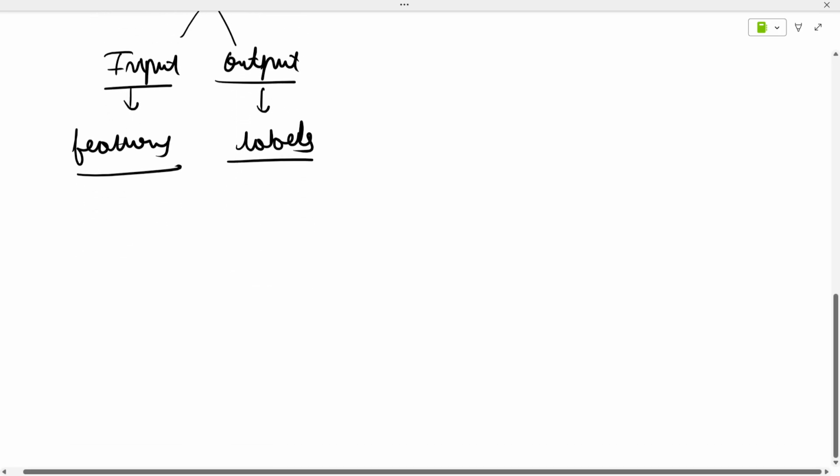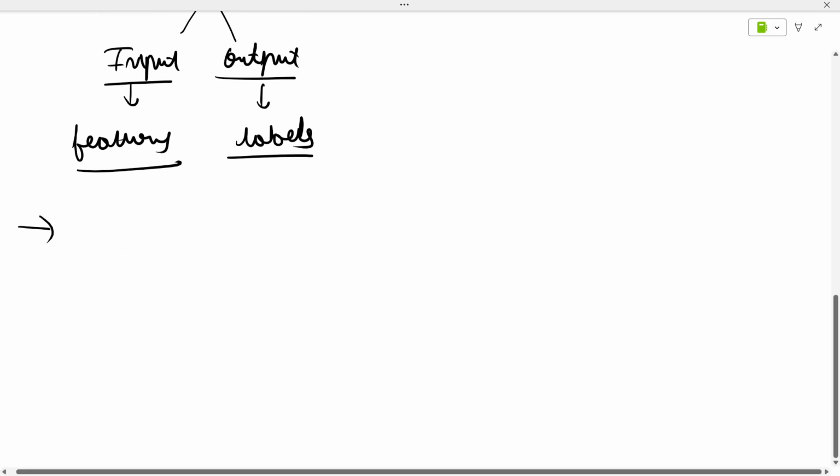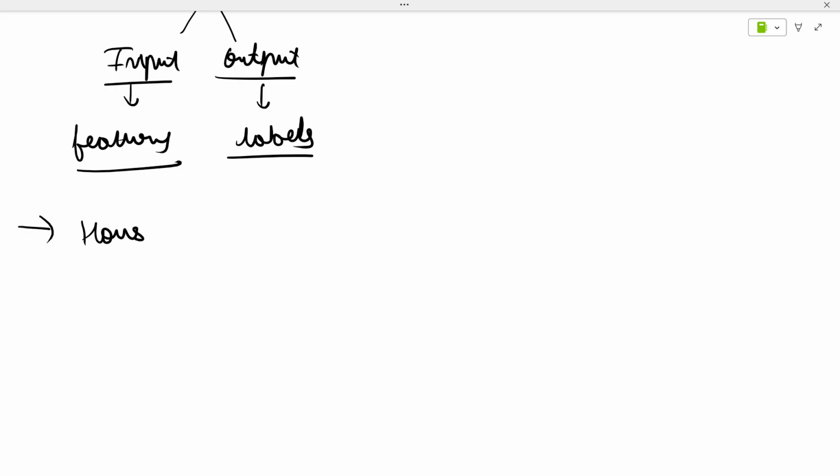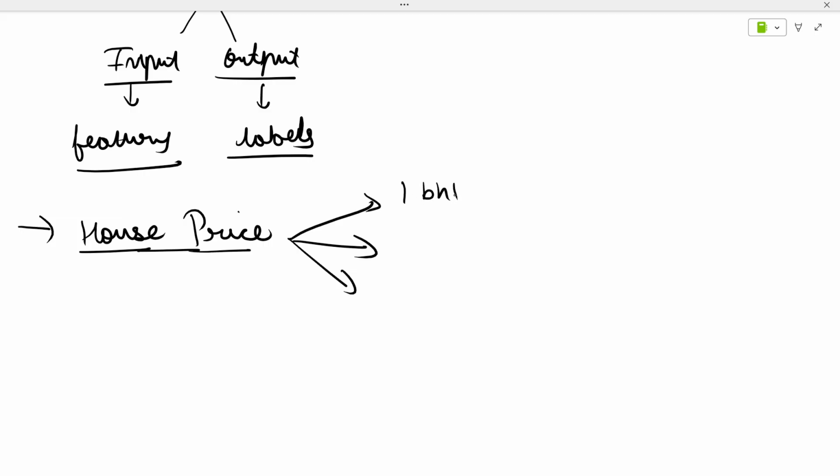Now what is a feature? For example, you have a problem statement of predicting a house price. What inputs do you need? Think about this. Or for example, you are going to buy a house. What are the things you will consider? You will consider whether it is a 1 BHK flat, 2 BHK, a bungalow, or a complete independent house.